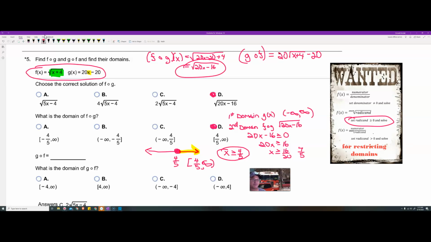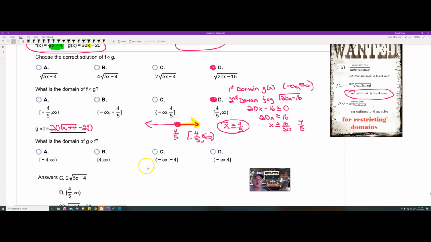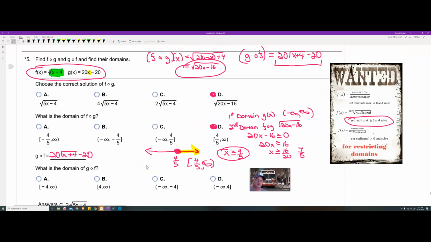Then you had to type in g of f, which was this right here, 20x plus 4 minus 20. And then what's its domain? Well, let's take a look at it. Its inner function was f. So let's clean this up.